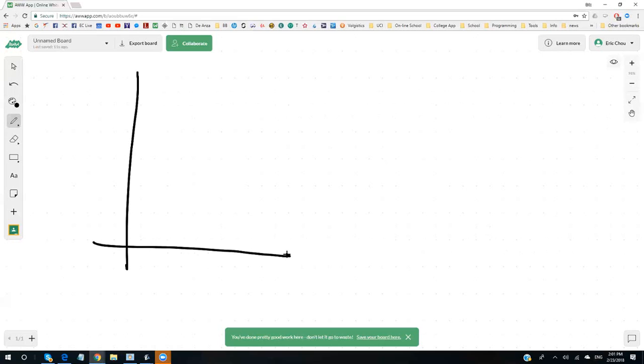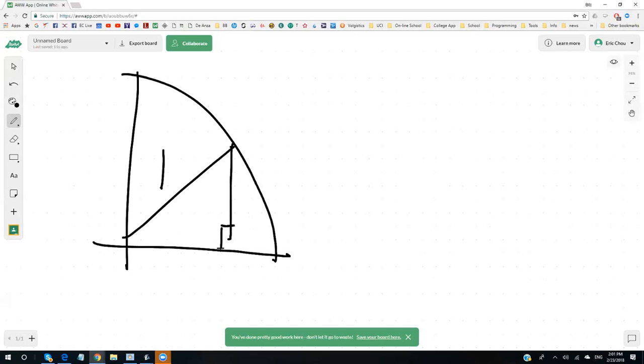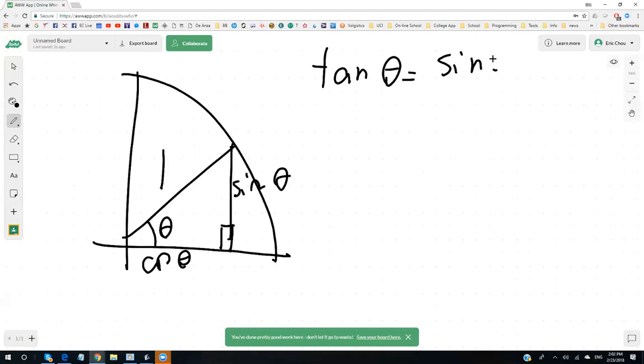Here we have this one is 1, this is theta, this is cosine theta over here, this is sine theta over here. And then tangent theta is sine over cosine.